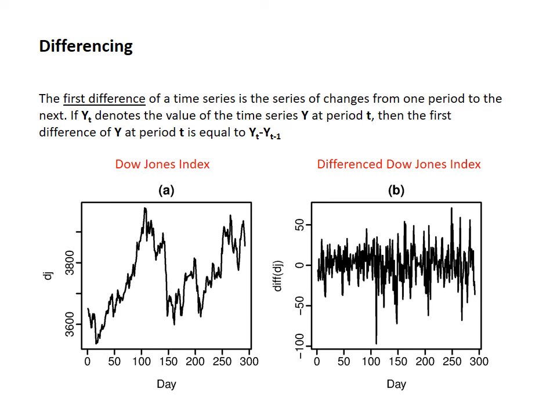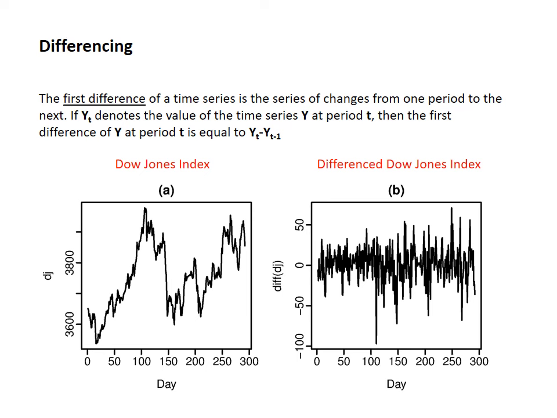What that means is that for every point yt on the left-hand plot, the value in the right-hand plot is equal to yt minus yt-1. So each value in the right-hand plot is really just the difference between two consecutive days of Dow Jones Index data.